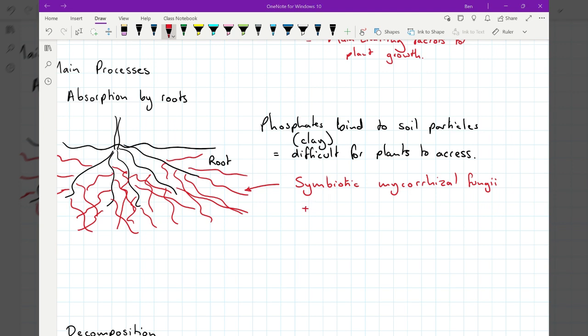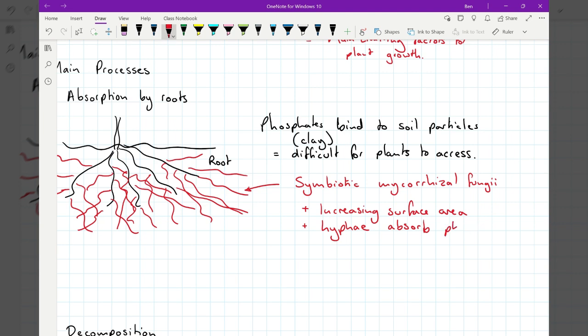And this has the benefit of increasing surface area. So it can access more of the soil, and the hyphae, so like the threads, they're not roots, but to us they look like roots, are extending through all the soil particles, and they help absorb phosphate, sorry.